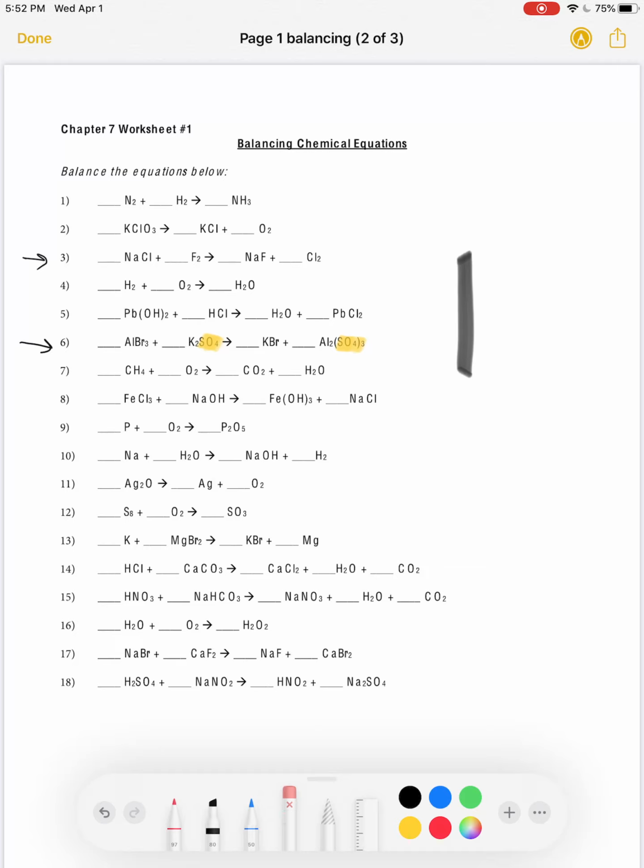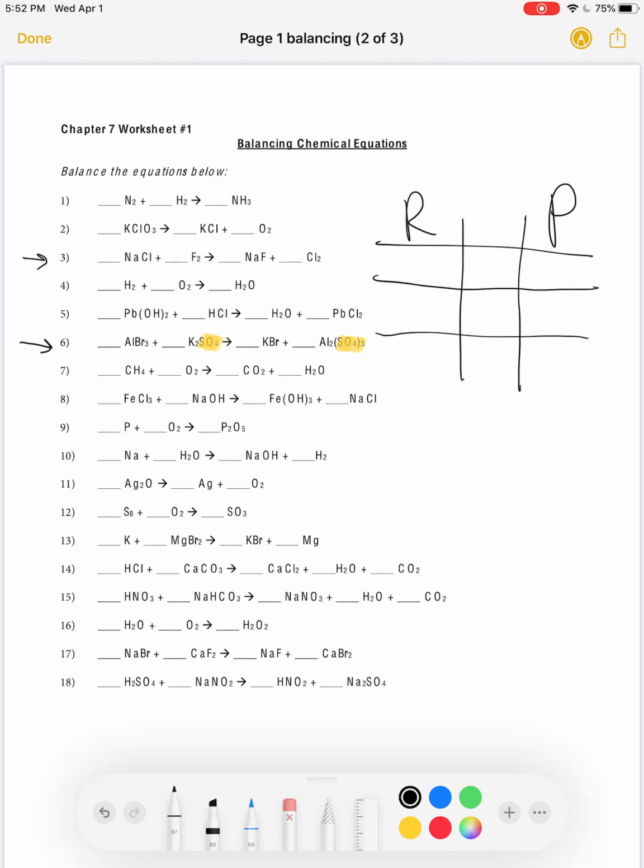Whoa, big chart. Okay. Reactants and products. On my reactant side, we've got to write down all the things that we have. We have aluminum. We've got bromine. We've got potassium. And we've got sulfate.